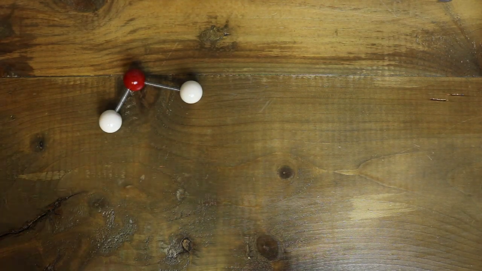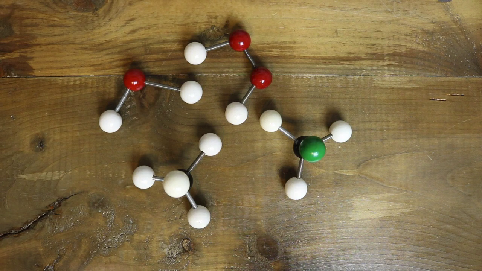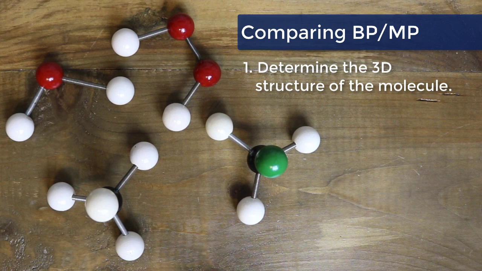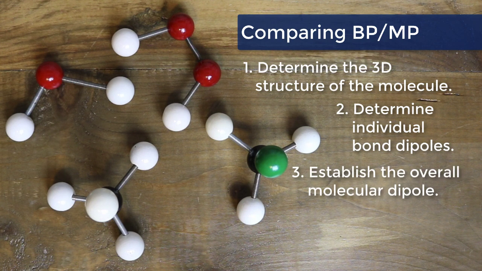So when we take a look at the different molecules to try and see whether or not we have something with a higher melting point or a boiling point, what you should be considering is the following. First, what is the overall three-dimensional geometry of that molecule? Second, what are the individual bond dipoles of that molecule? Third, what is the overall molecular polarity of that molecule?